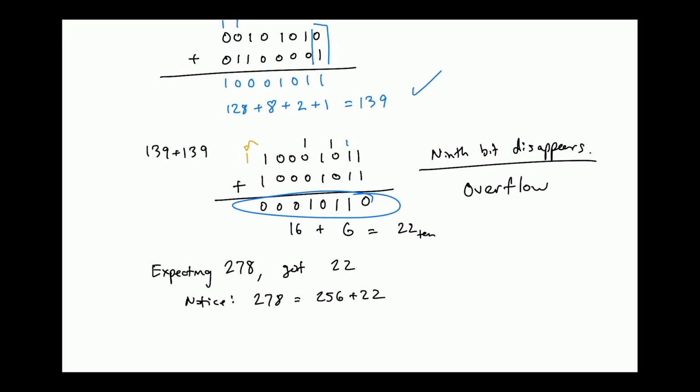Awesome. So would you guys agree that what just happened is a problem? Yes. Now, what this says is, maybe it's not such a great idea to restrict ourselves just to 8 bits. Why don't we use more bits? Let's say we used 32 bits. Could this overflow problem still happen?